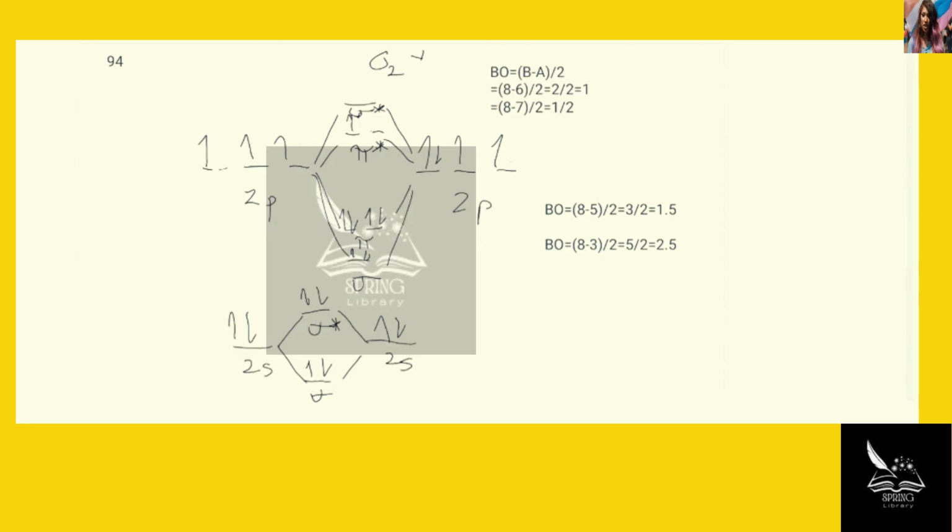Okay, so now for the last one. For the last one, we have to switch the pi and sigma bonding orbitals for the 2p. So the pi will just be on the bottom here, and the sigma will be up there. Looking at the periodic table, we see that there are two 2p electrons for carbon.